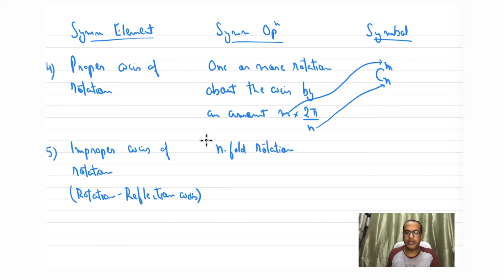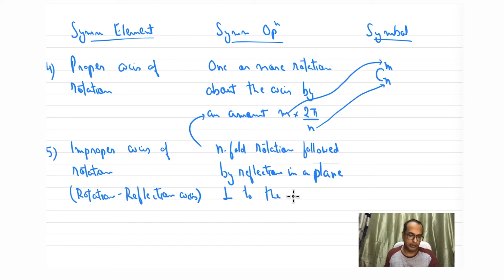This rotation is actually the same as the proper axis of rotation, but it is coupled with, or followed by, another operation, so there are two operations in one improper axis of rotation. First operation is n-fold rotation followed by reflection in a plane which is perpendicular to the rotation axis.